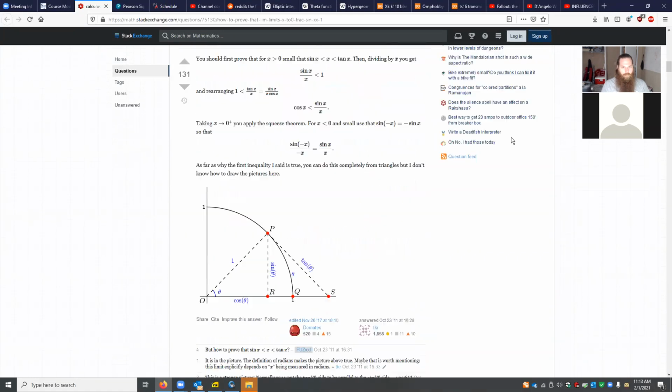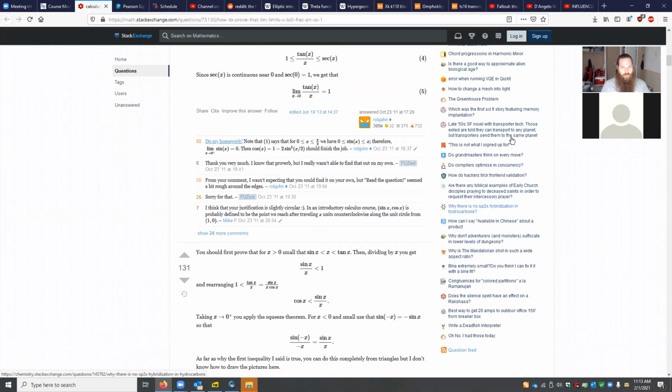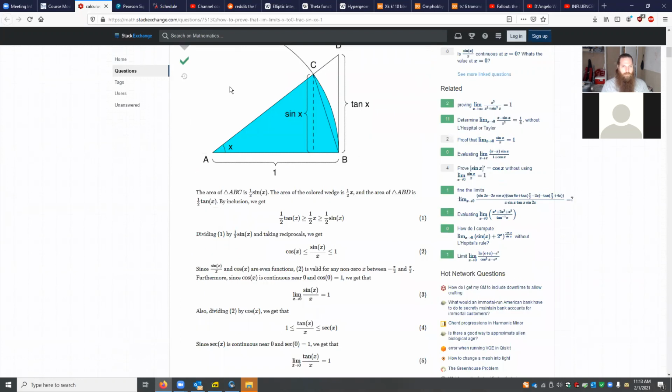So we're going to look at a few triangles within the unit circle. We're going to look at the big triangle here. We're going to look at the sector of the circle. And we're also going to look at the big triangle that extends outside the unit circle.